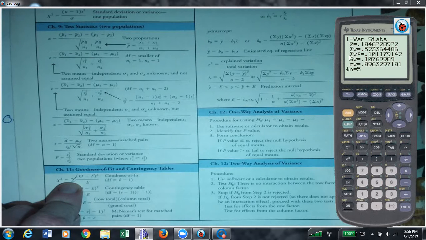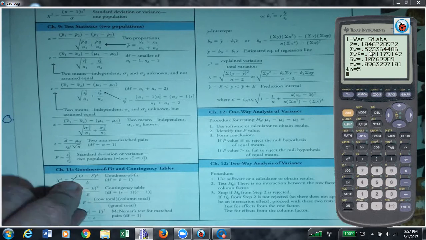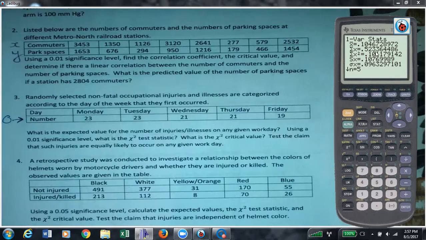Some students choose this thinking that that's chi-squared. That is not. That's the summation of everything in the list squared, each individual thing squared. This was shown in class. The summation of the x's, everything in list 2, is what I want. And we've been told to take that to 3 decimal places, so that will be 0.523.